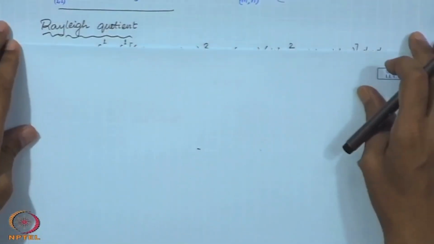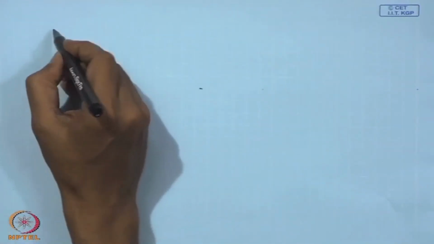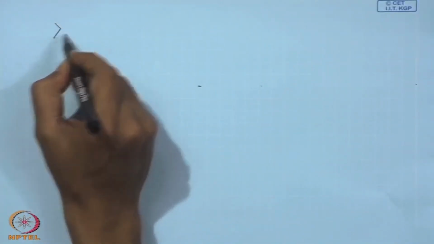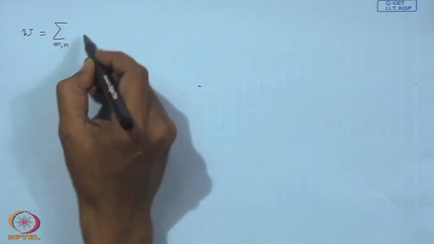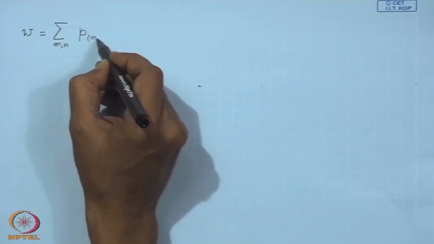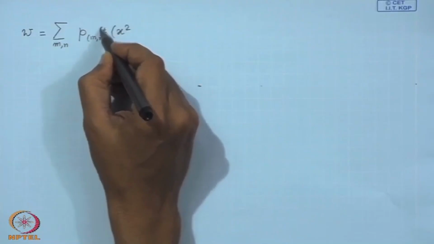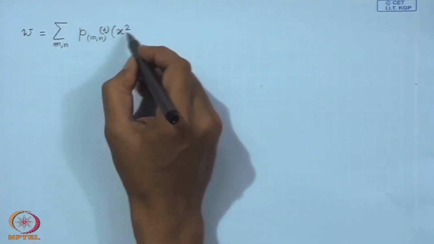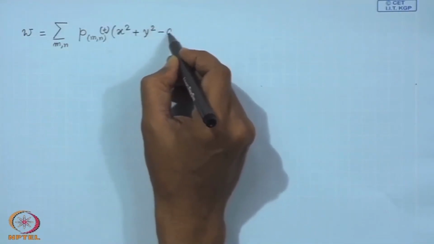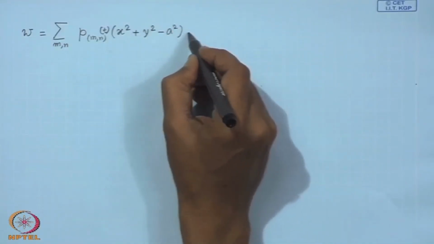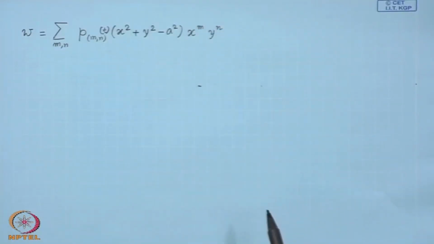So, the expansion that we are using, so P, these are the coordinates, and that multiplied by the admissible function.